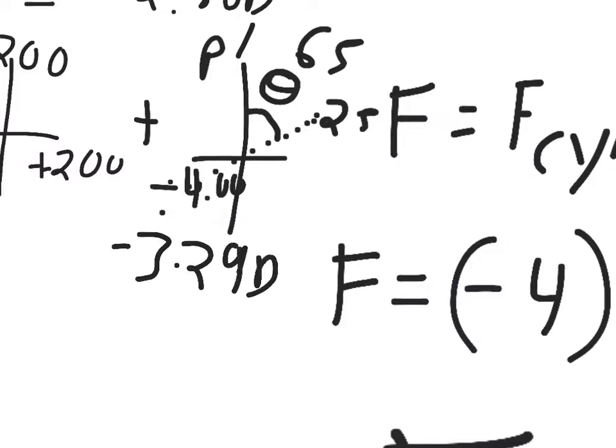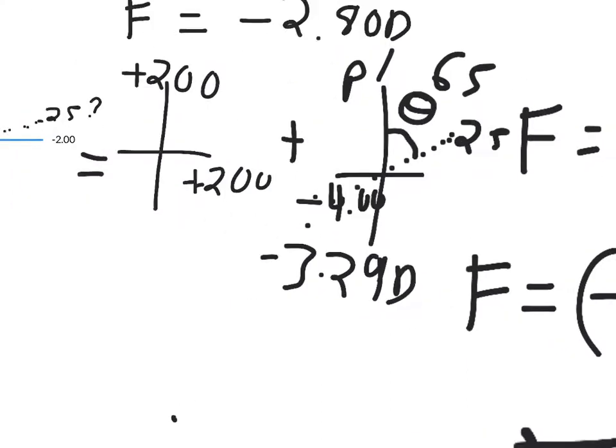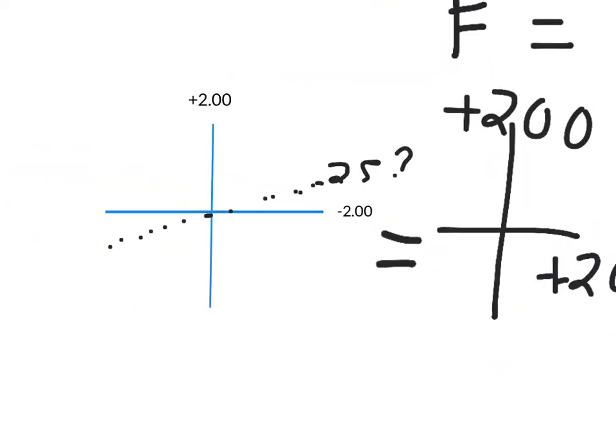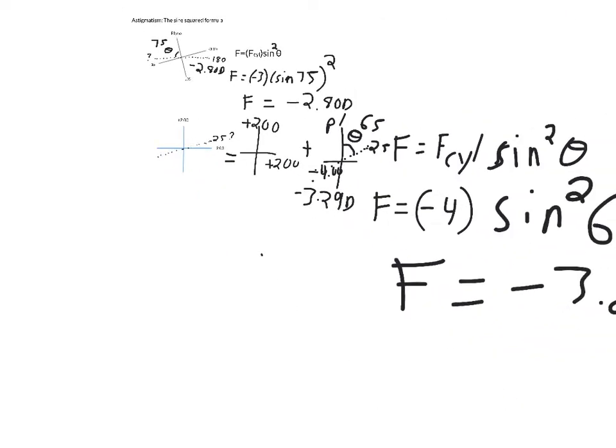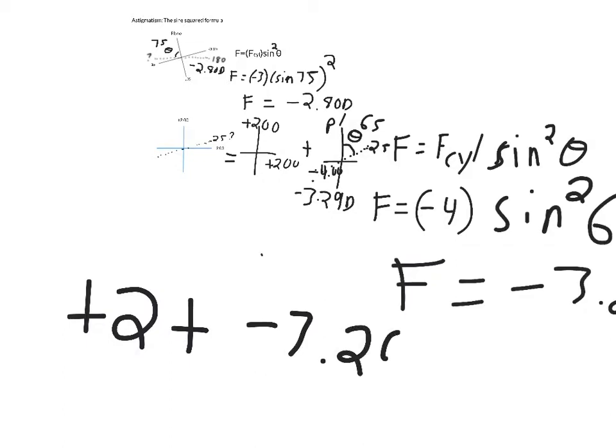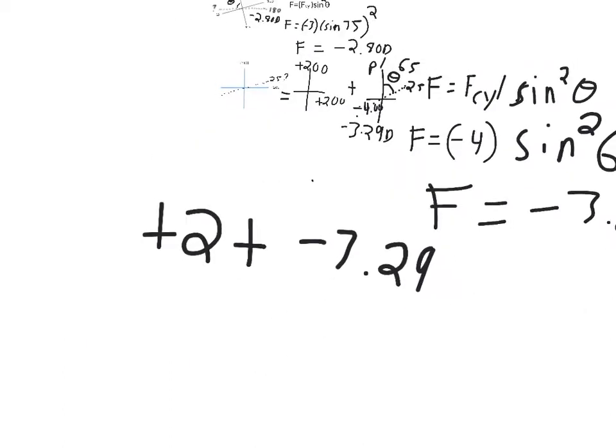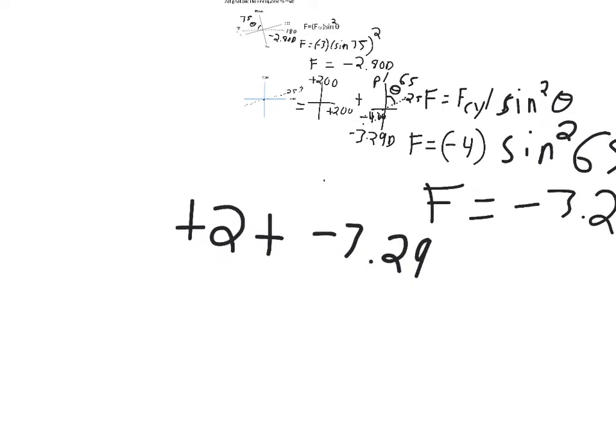To find out the power of this meridian right here, you have to add the two components. So it will be simply plus 2 plus minus 3.29. If you plug this into your calculator or do it in your head, you get minus 1.29 diopters.